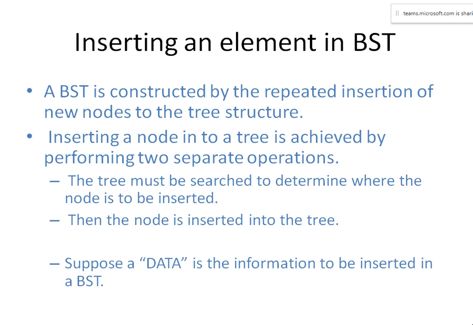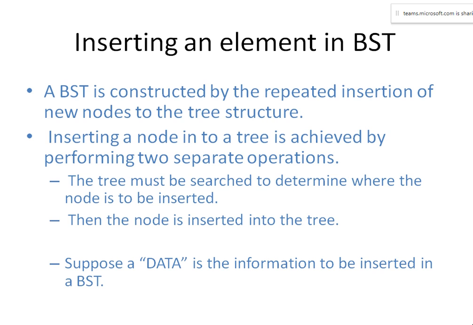Now we'll see inserting an element in a binary search tree. A binary search tree is constructed by repeated insertion of new nodes to the tree structure, which means we are repeating the insertion process.